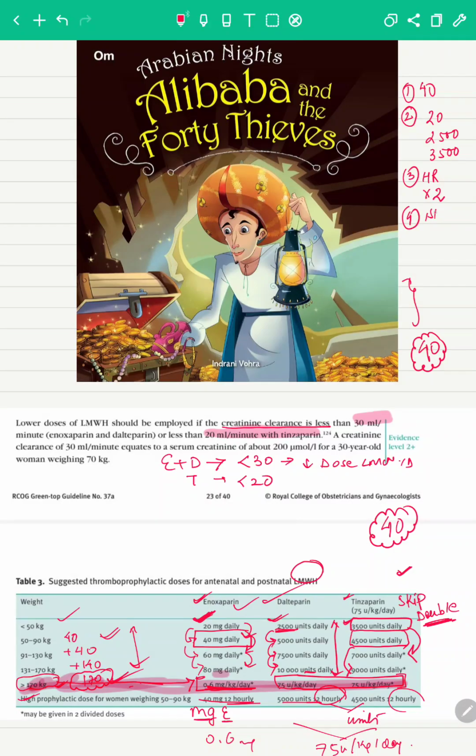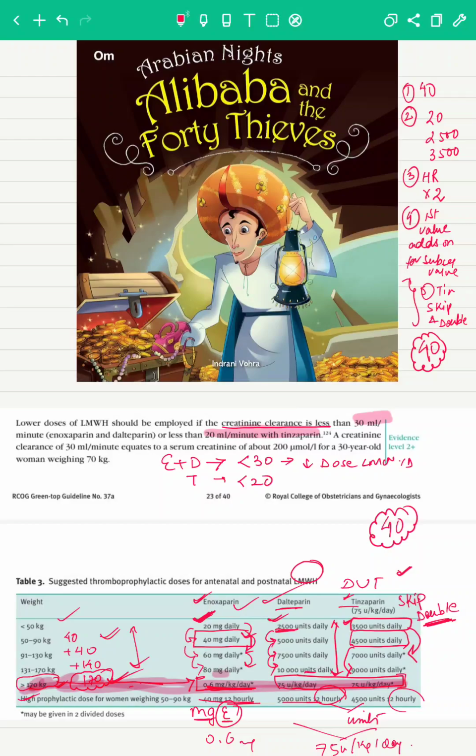Then the first value adds on to give the subsequent value, but for tinzaparin it is skip and double. And yes, the units, that is Maggie. Maggie means milligrams for enoxaparin, and units for dalteparin and tinzaparin. So this is a nutshell that we have to remember about this table.